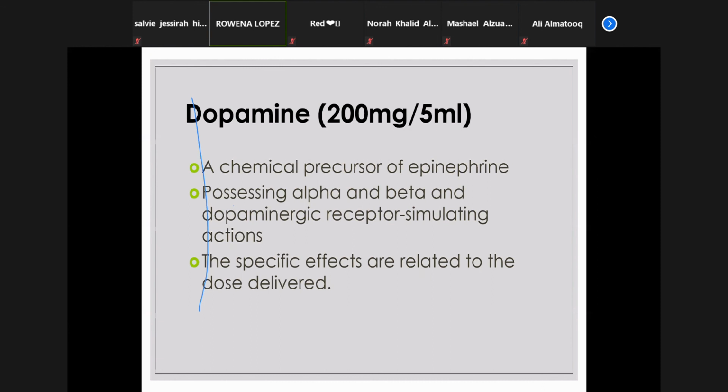So we have here dopamine. It possesses alpha, beta, and dopaminergic receptor stimulating action. The specific effects are related to the dose delivered. So the doctor will order according to the required effect.